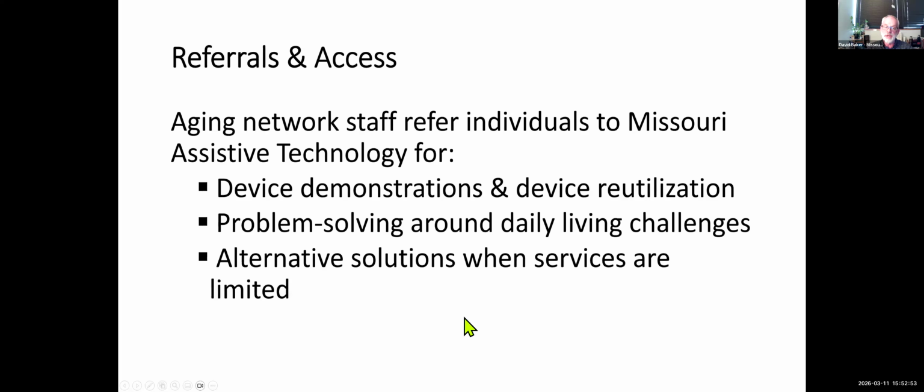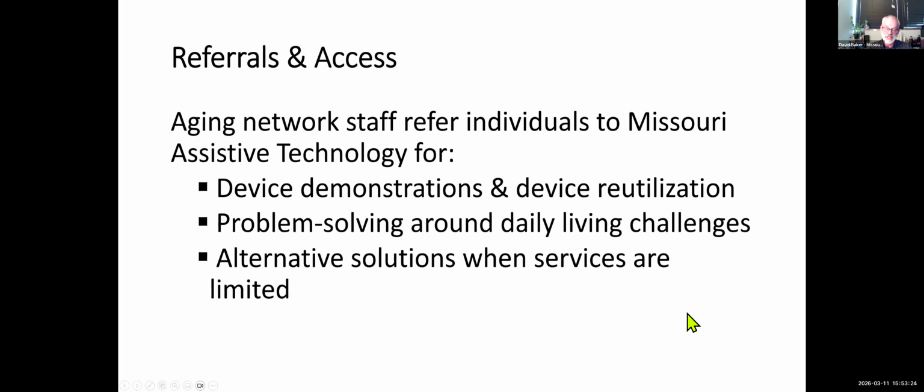That relationship and our name being known to each other has enabled us to see an increase in referrals of individuals from the aging world to the assistive technology world. And that then leads to device demonstrations, or them accessing the device reutilization program, or doing problem solving to help them understand what types of technology are out there and how they can address various daily living challenges that individuals and families are encountering.